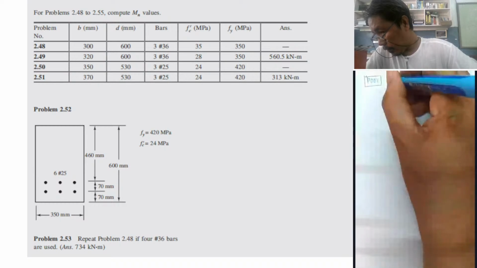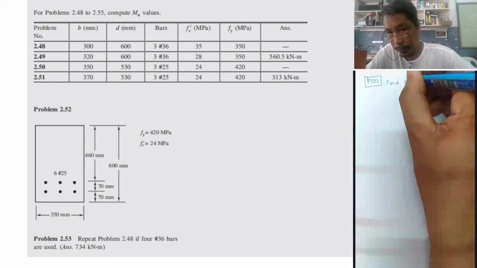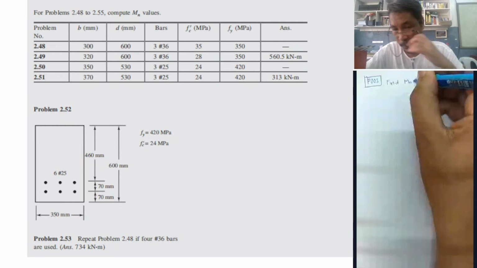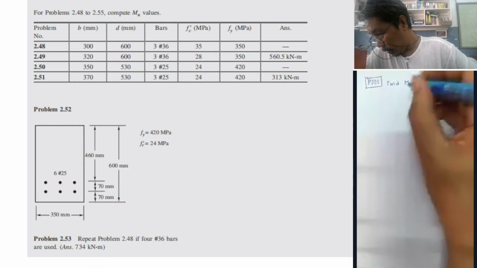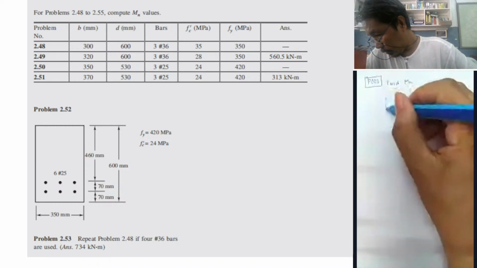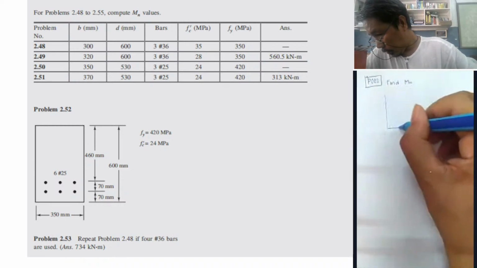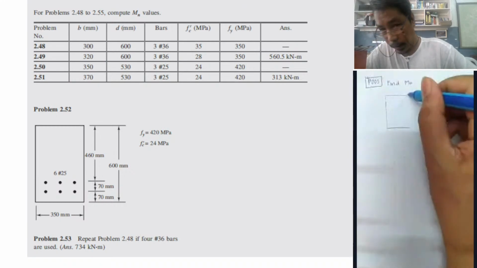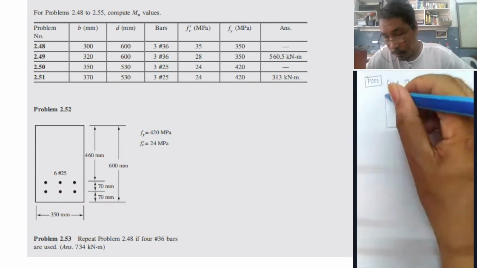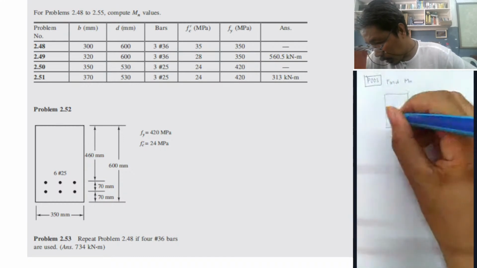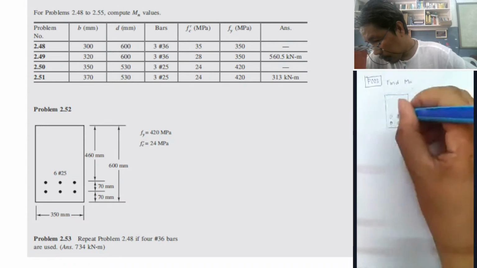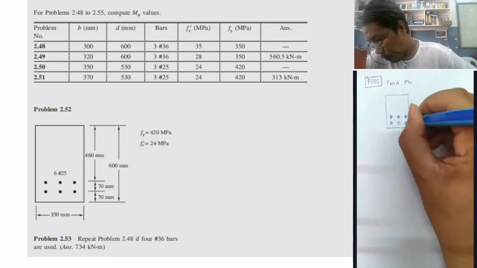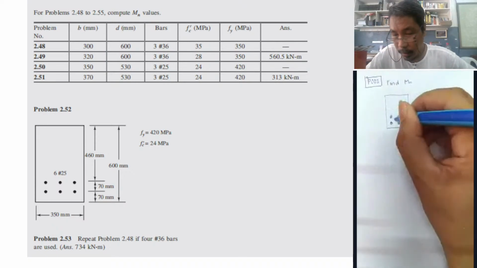Find Mn given the figure. So the given figure is this one. We have again a rectangular section, but now instead of 3 we have 6 bars.